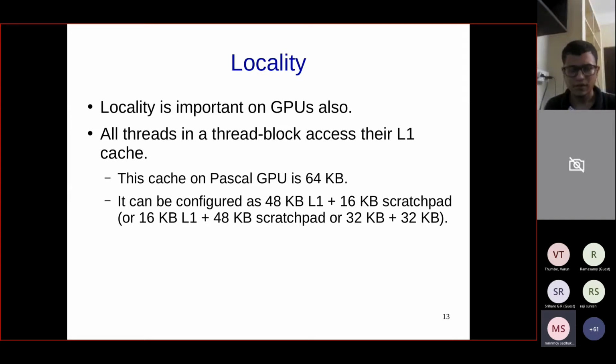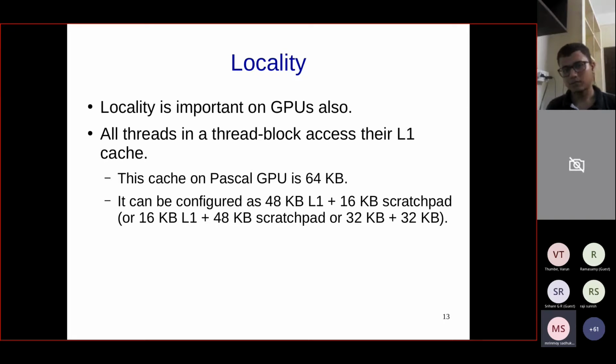And as I also previously mentioned, it is configurable. As a programmer, you will be able to specify that you want 48 KB of L1 cache and 16 KB of scratchpad memory or shared memory. The 16 KB is under the control of the programmer, so you can specify some variable to go into that shared memory. And this 48 KB, if you specify it as L1, will be completely managed by hardware.